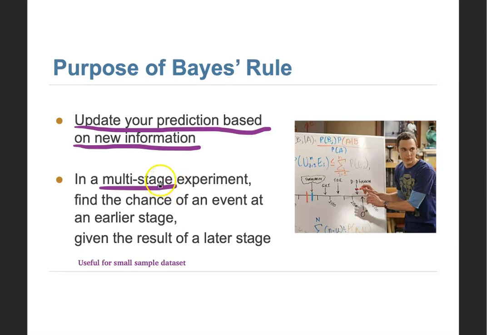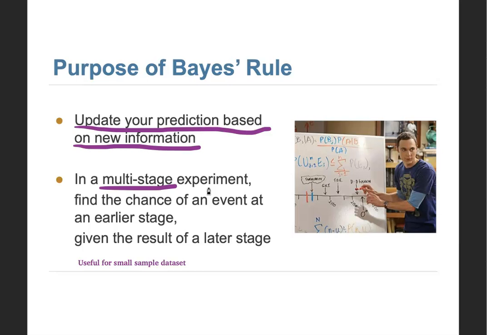That's why we don't call them events, because with an event we focus on one specific event and its probability. Here we just say we have an experiment or a sequence of events, with multiple stages according to the new information added. So then the probability changed.